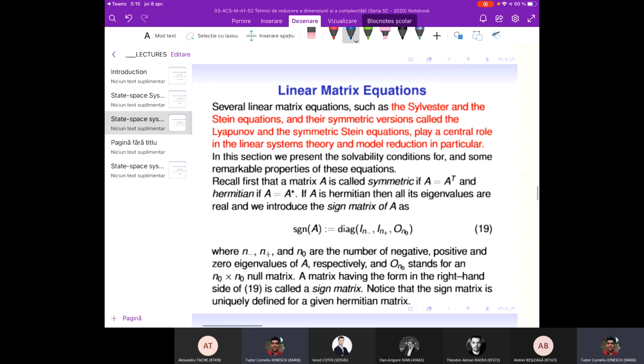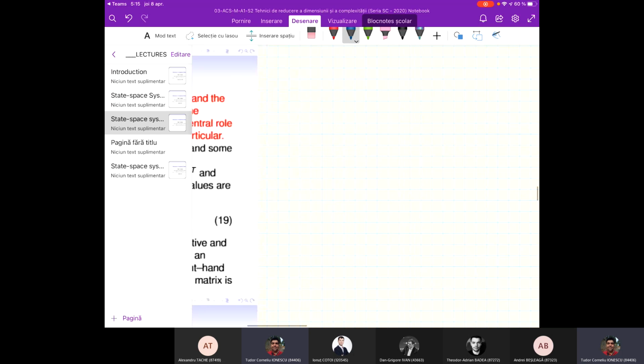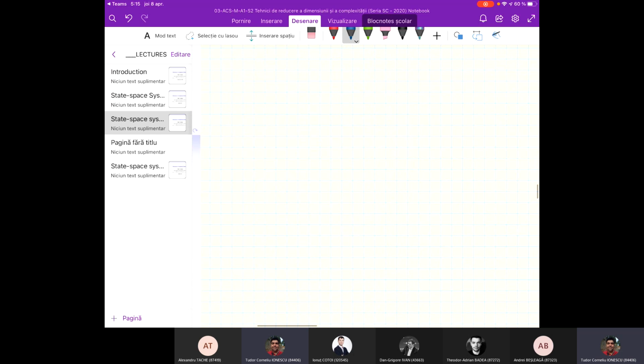Now we have to recall, because we remember that we have to compute Gramians, okay? Gramians, stability, and other things are related to Lyapunov matrix equations.